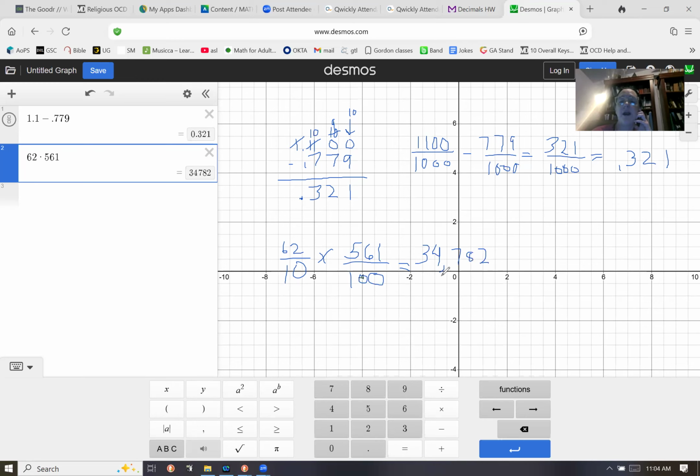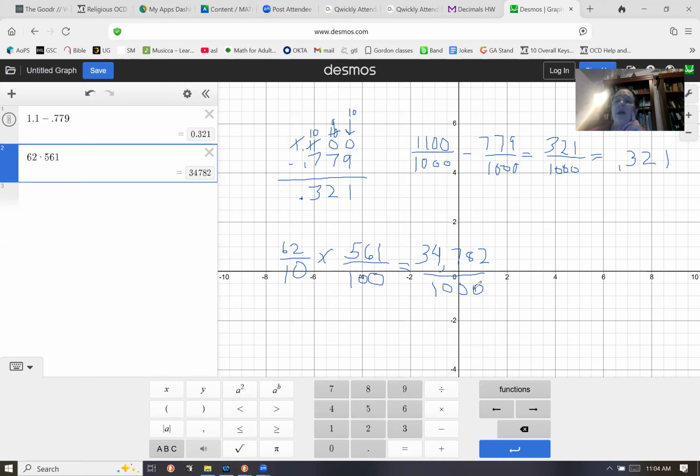Because when we multiply fractions, we do numerator times numerator, denominator times denominator, 10 times 1,000. When you're multiplying powers of 10, when you have the zeros at the end, you do your multiplication and put on that number of zeros. You just ignore the zeros at first, multiply your other numbers, and then put on the zeros.